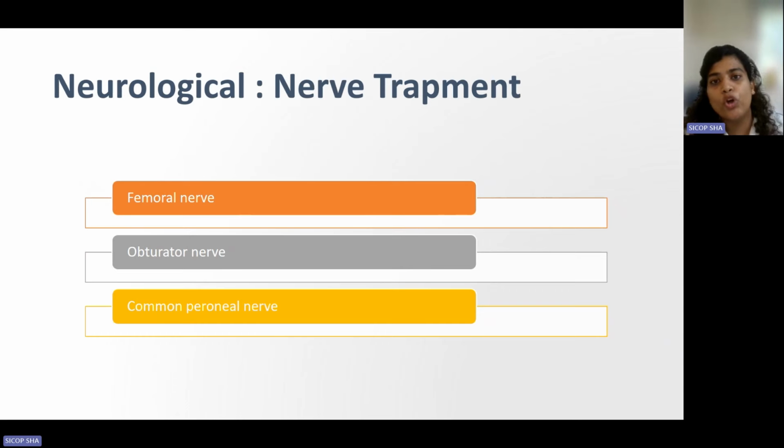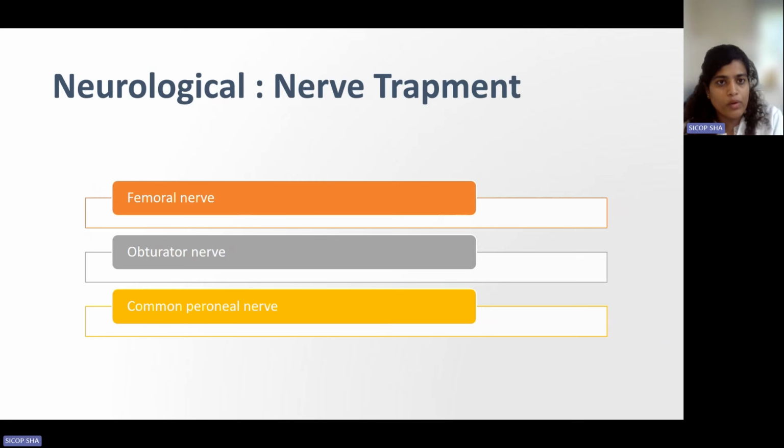Coming to the next, we are talking about neurological or nerve entrapment structures, which we mostly miss while taking the assessment. These are the structures which we usually miss while we are assessing the patient or differentially diagnosing the knee pain.